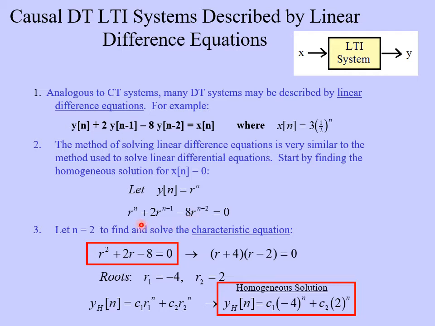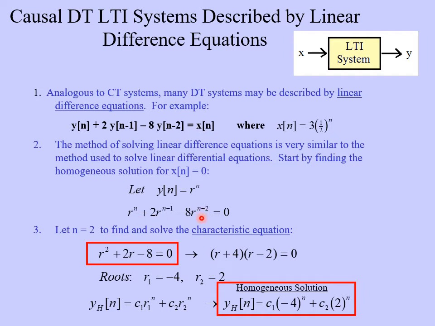At first glance, it's not very obvious how to do this, but there's a trick: always look for the lowest power exponent, which is the n minus 2. This equation has to be valid for all values of n, so let's choose n equal 2 to make this clean itself up.